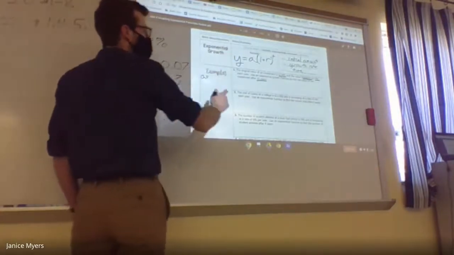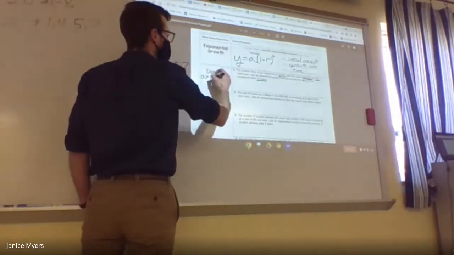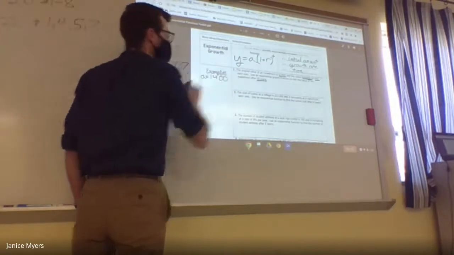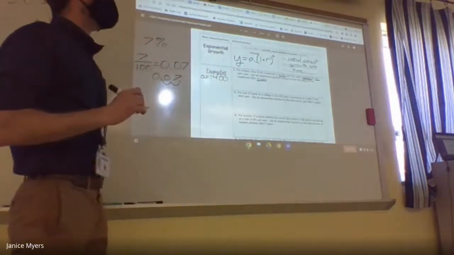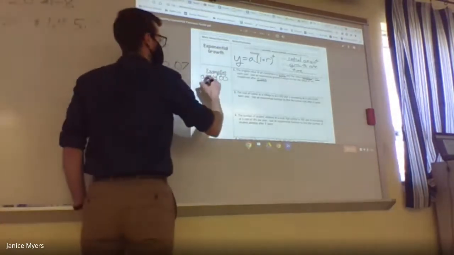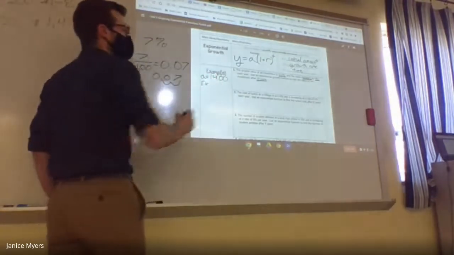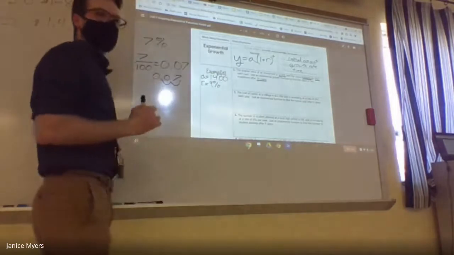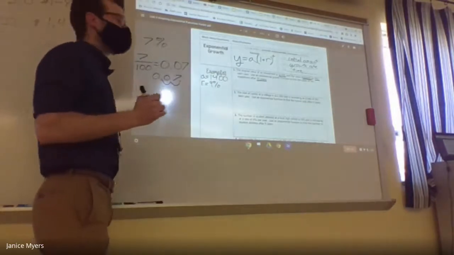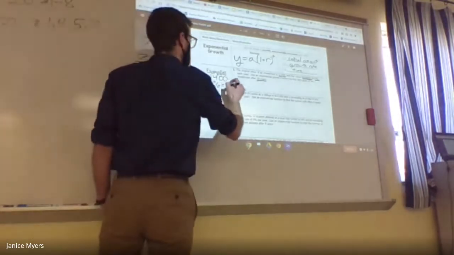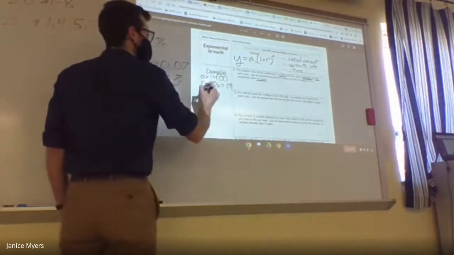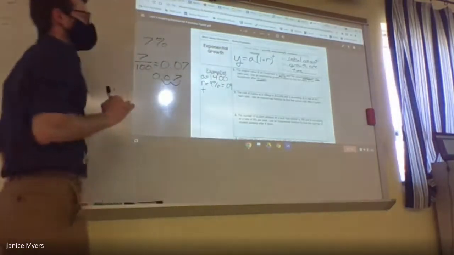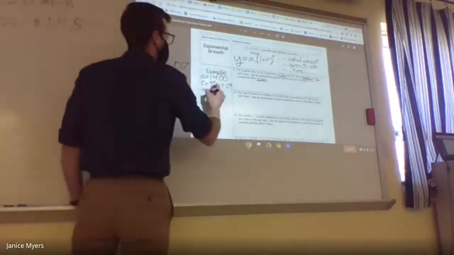Our initial amount, as it says there, is going to be 1,400. And then our growth rate, which is our R, is going to be 9%. Or what is 9% converted into a decimal? Yep. And then our time is 25 years.